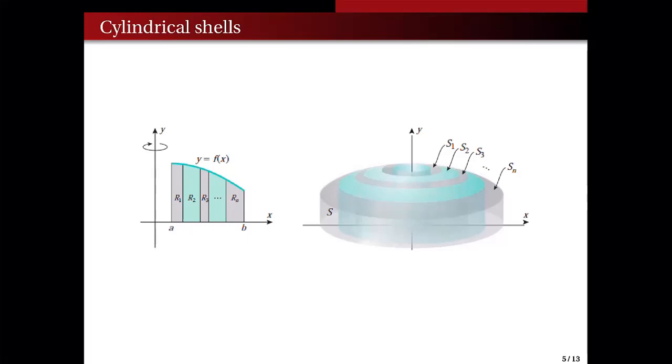So divide the interval into n subintervals of equal length. So you will have these rectangles in here, vertical rectangles to be more precise. And if you revolve this, upon revolution, you will see this.